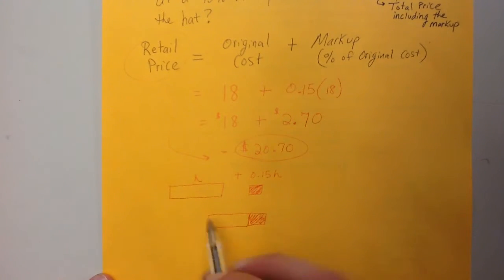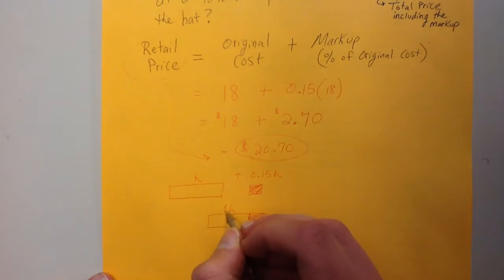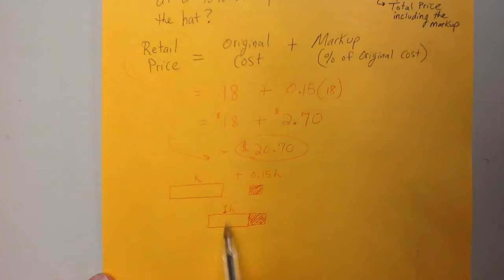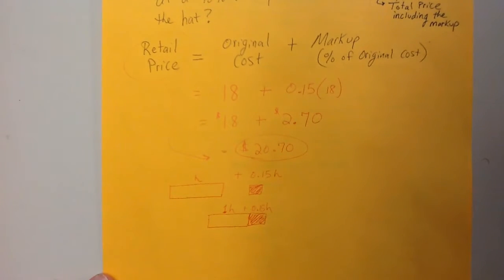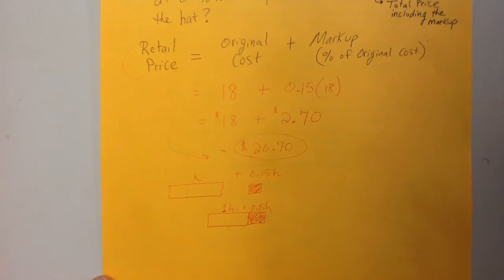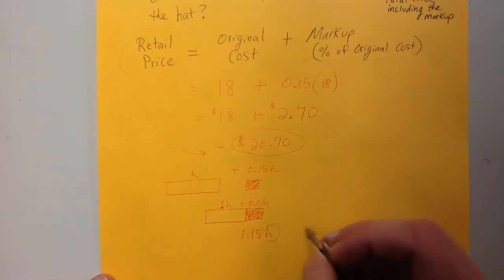If I add this bar plus this bar, I add them together. So I have H, which is the same as 1H, or 1 hat, plus 0.15H. 1H plus 0.15H would be 1.15H, where H is the cost of the hat.